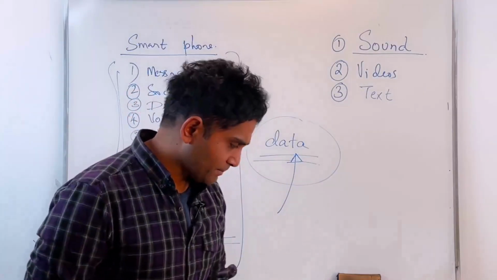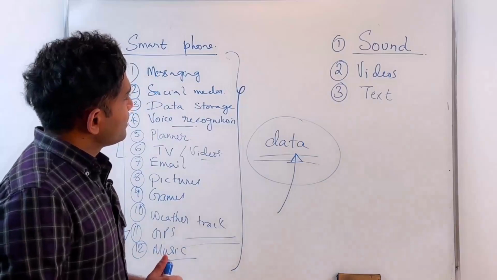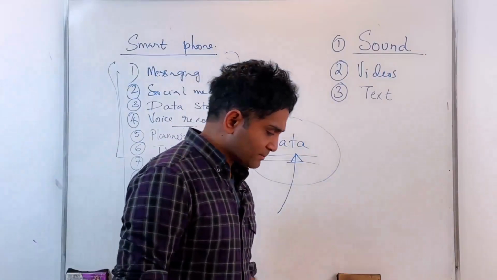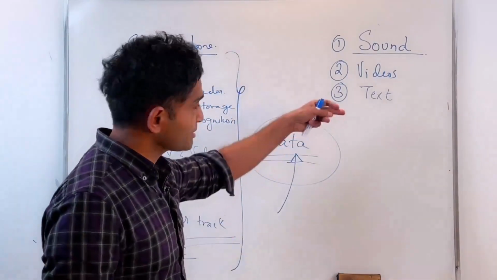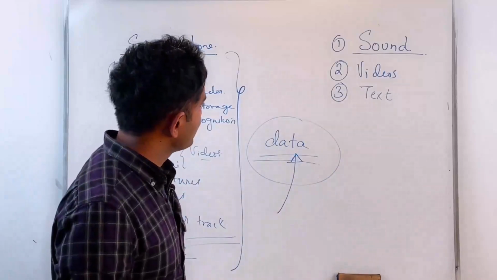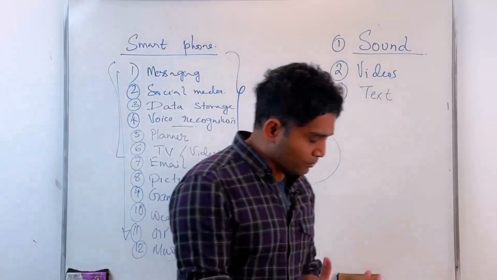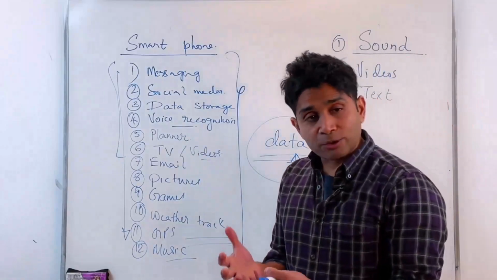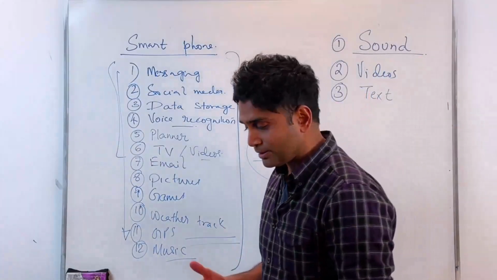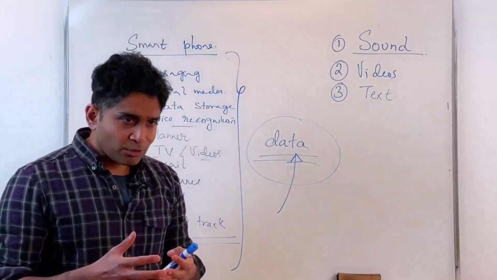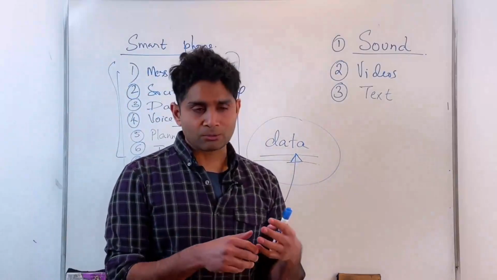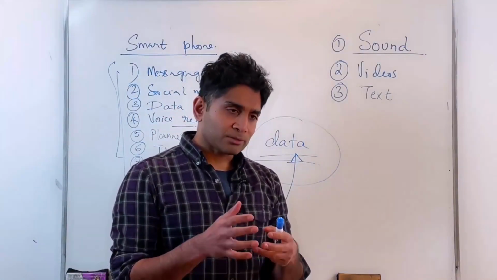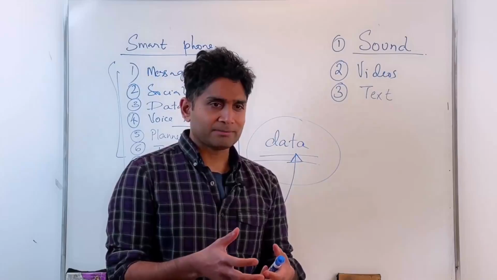Or let me put it this way. You have this device, which is processing all this information: sound, videos, and text. We know definitely that our smart device is an electronic device. So somehow it is processing electronic signals. It should be in the form of an electronic format, right?